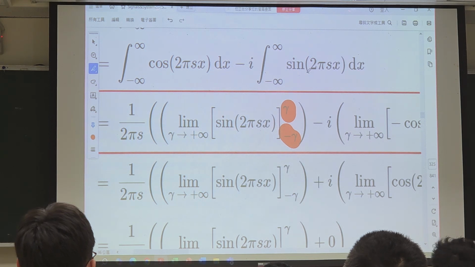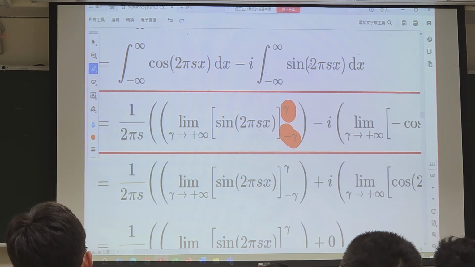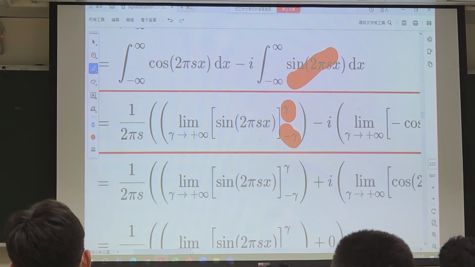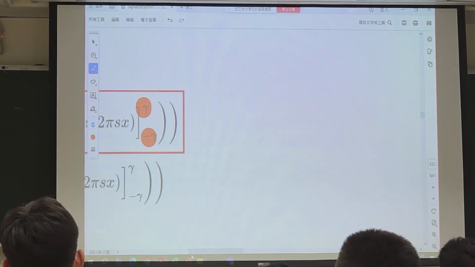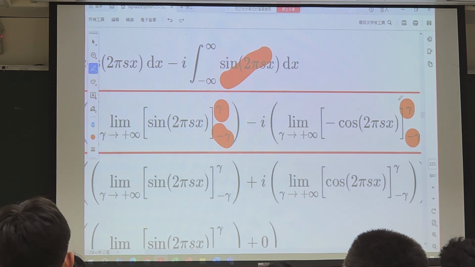Okay, so if we integrate this, this is skew symmetric, so this can disappear, due to the upper limit and lower limit we are using here. We assume that gamma is the upper limit, negative gamma is the lower limit, and let gamma be a huge number.